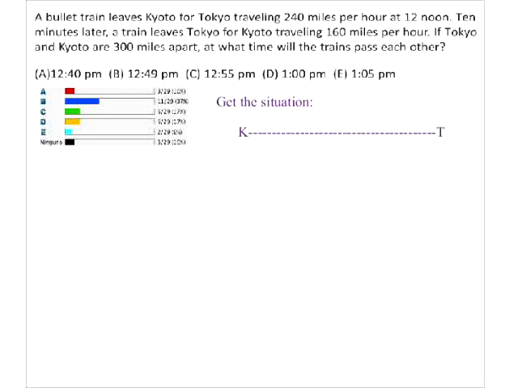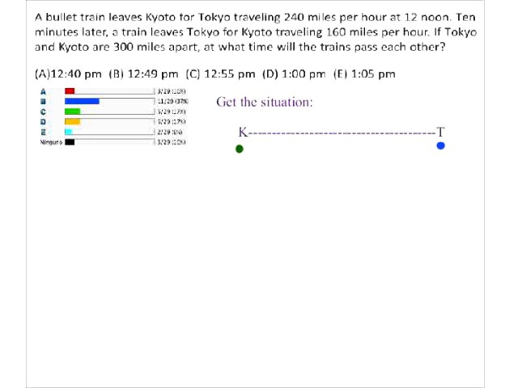And at 12 noon, so at some time, a train leaves here. And at another time, which is later, a train leaves here.